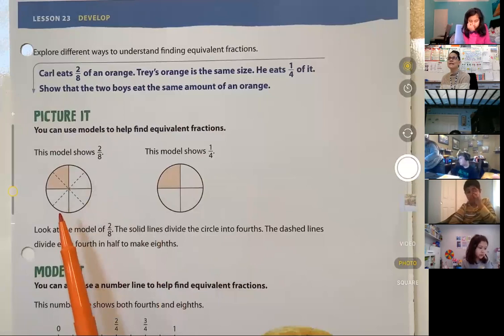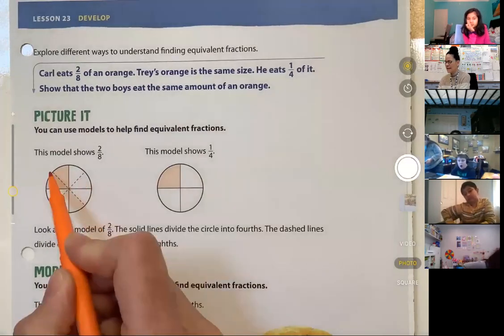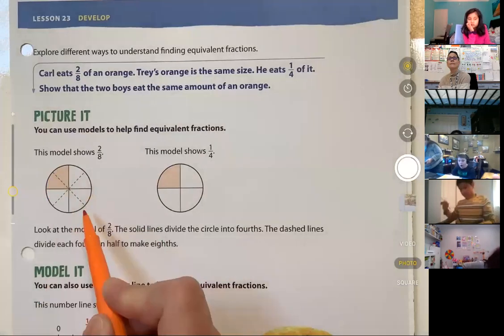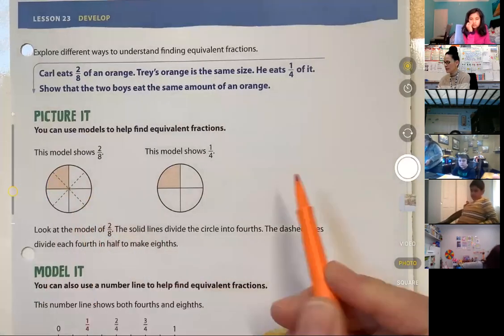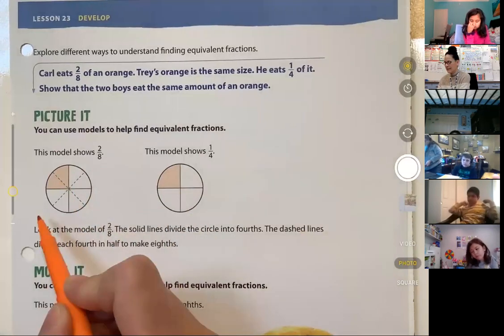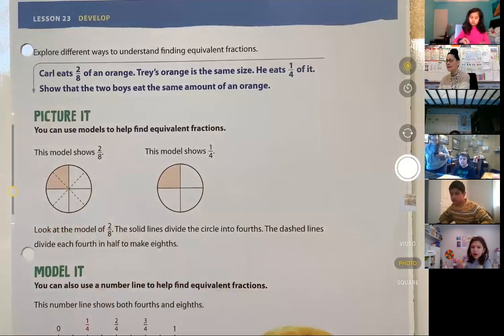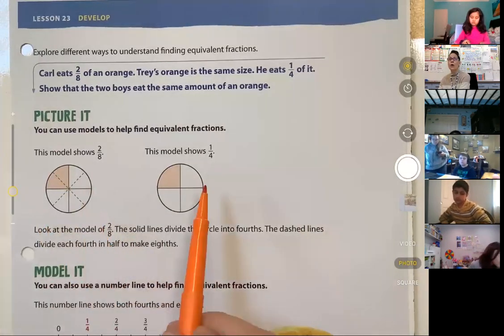And then I just divided it again. Dashed lines, dashed lines. So here again, fourths. This was fourths divided again into 8ths. Same size whole.